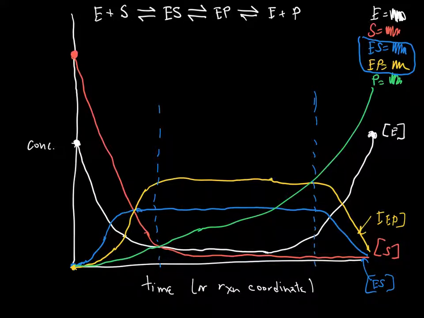You know what I'm saying? It's a flat line. Okay? That region, those conditions right there is called steady state. That's where it comes from. And it's because the enzyme-bound intermediates, the EP and the ES, it's flat.